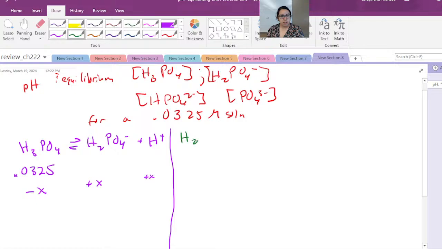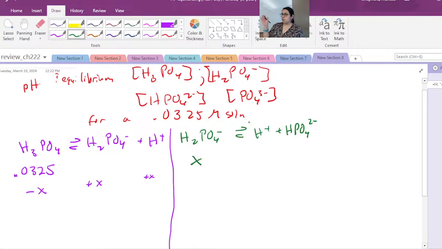So now we have H2PO4 minus, next dissociation. This value is equal to x, so now this has an initial condition of x.